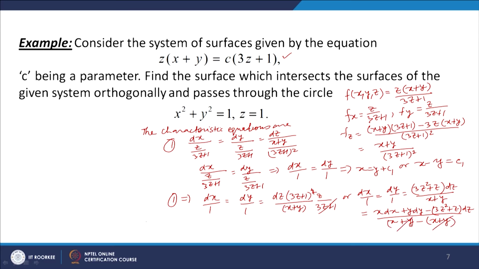What we get is x dx plus y dy minus (3z square plus z) dz equal to 0. Now when we integrate, this will give x square by 2 plus y square by 2 minus z cube minus z square by 2 equal to some constant.